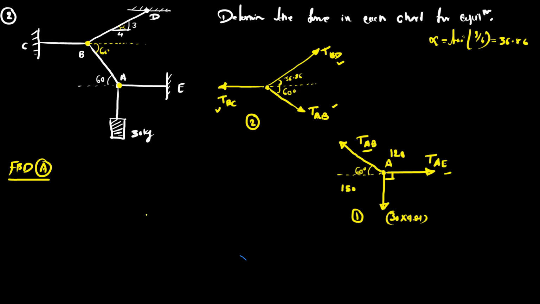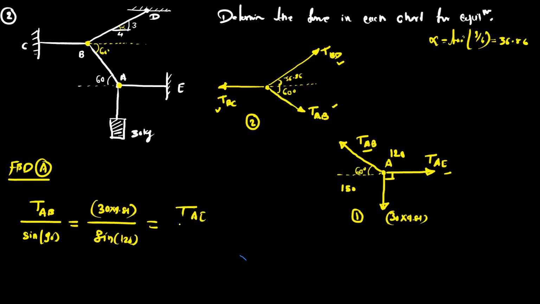Okay. So now write the equation for Lami's theorem. So we have tension AB upon the sine of the opposite angle, so it is sine 90. This is equal to the known value, 30 into 9.81, upon the sine of the opposite angle, so it is sine 120, and tension AE upon the sine of the opposite angle, so it is 150.